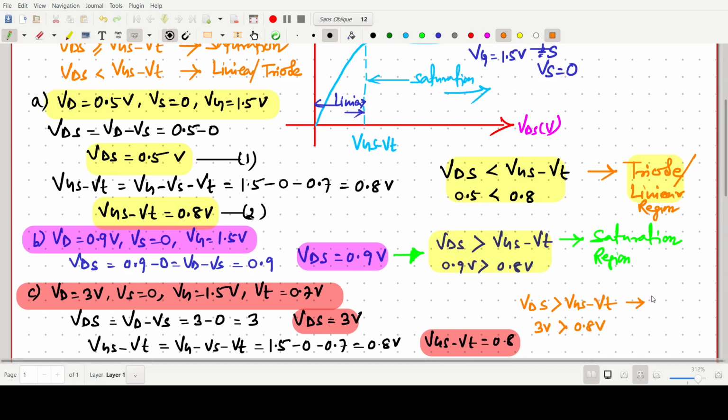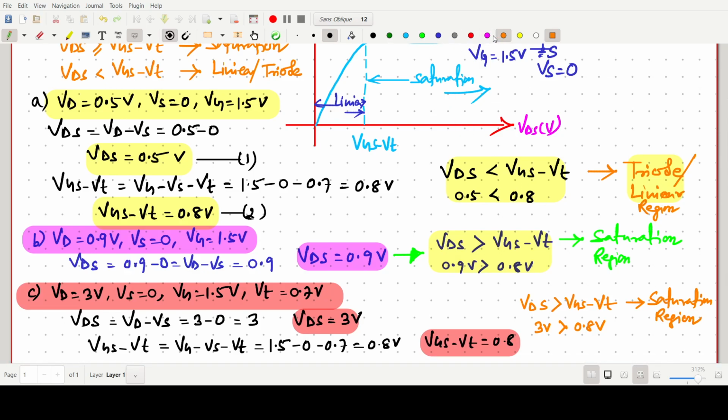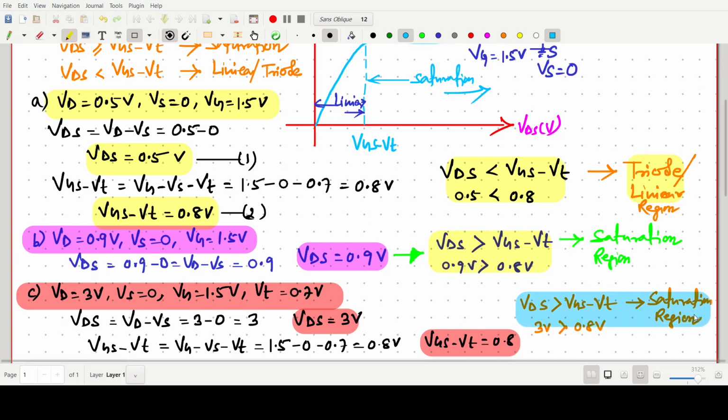So this one is again in the saturation region. Like that we can find, but we have to know some basic idea. So for this value it is in the saturation region.